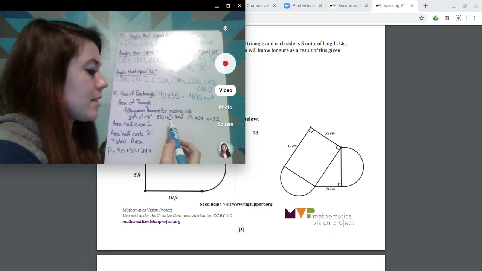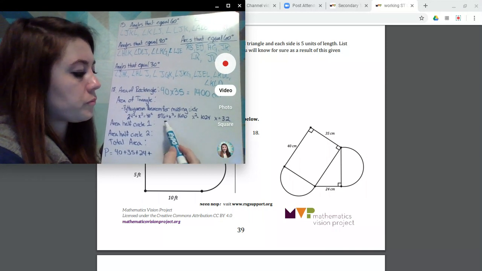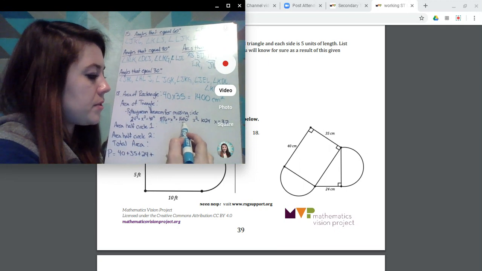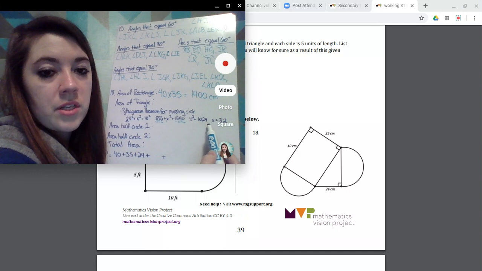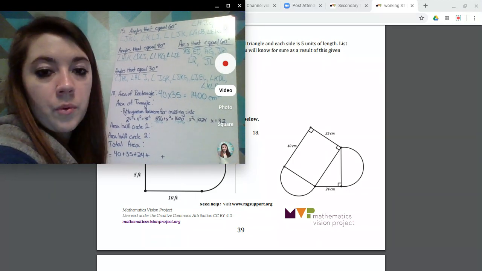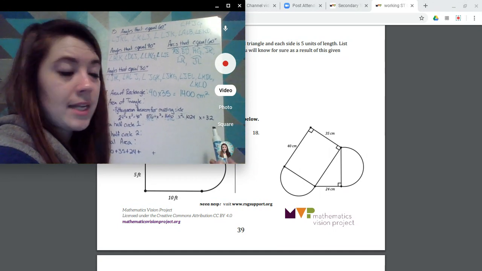So 576 plus x squared equals 1,600. So we subtract the 576 from both sides. We end up with x squared equals 1,024. We take the square root, so x equals 32. So we know what the perpendicular height is in this.